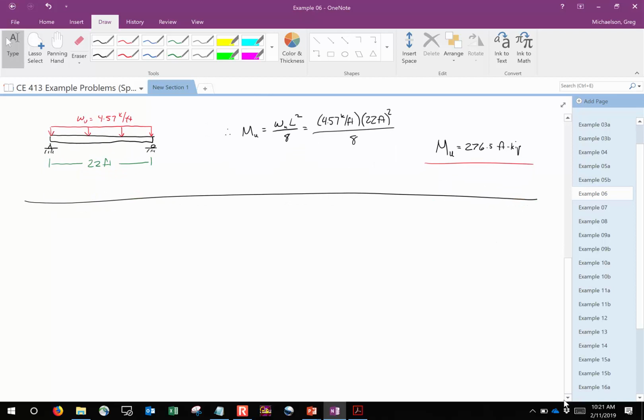All right, what's step 2? Step 2 is a lot shorter. Mn, there we go. Okay, and so that's the required nominal capacity of the beam. So if Mu is what we're putting on the beam, Mn is what its required strength is, how much it's got to hold up.